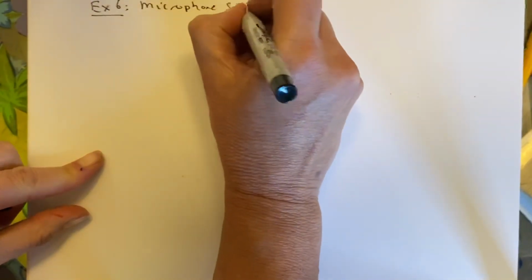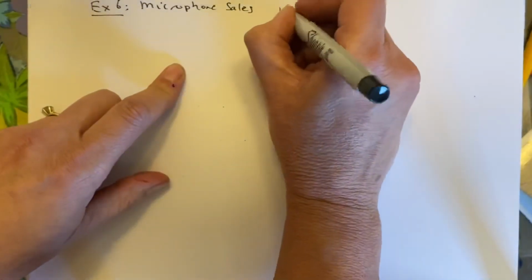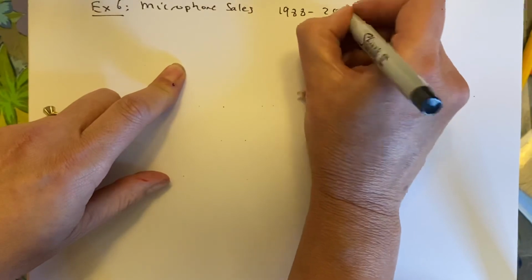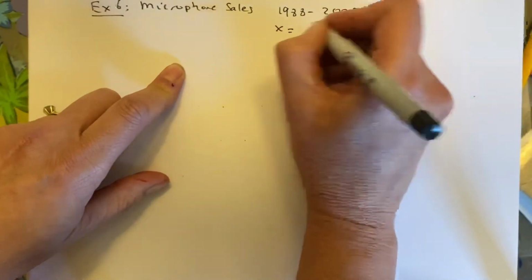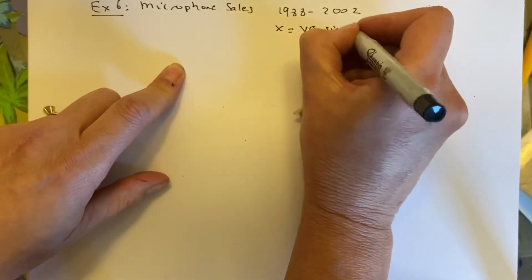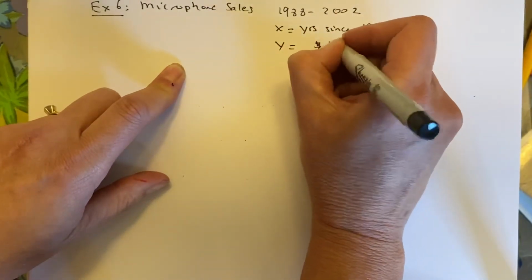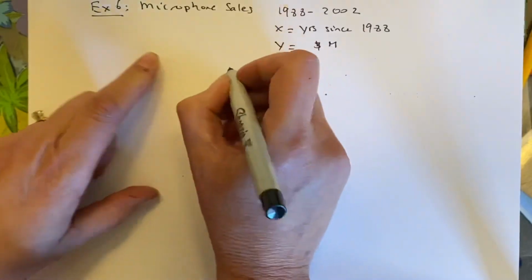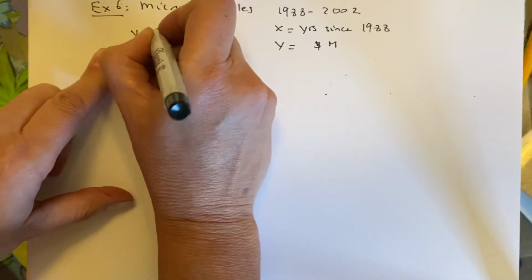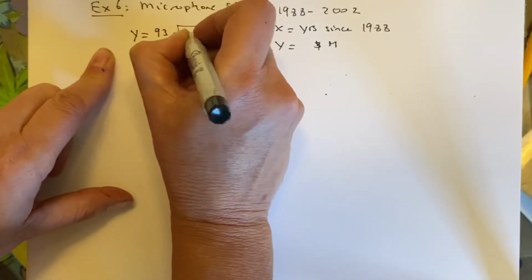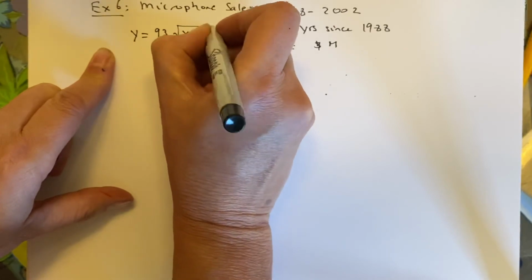And as they've done before, they're going to give you an equation for the period for 1988 to 2002, where x equals years since 1988, and y is going to be in millions of dollars. And your equation is going to be y equals 93 square root of x plus 2.2.